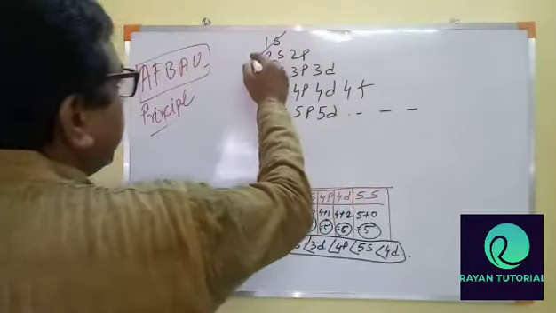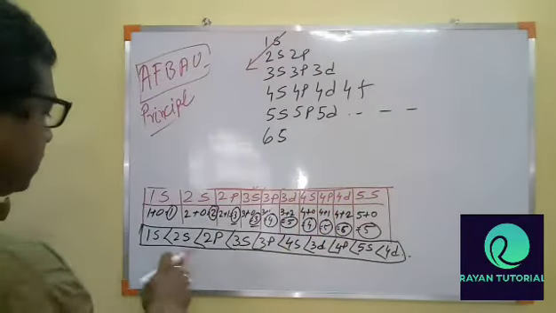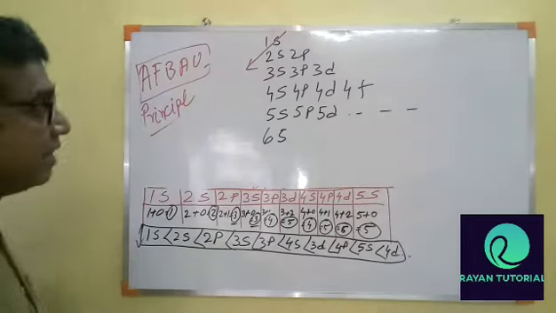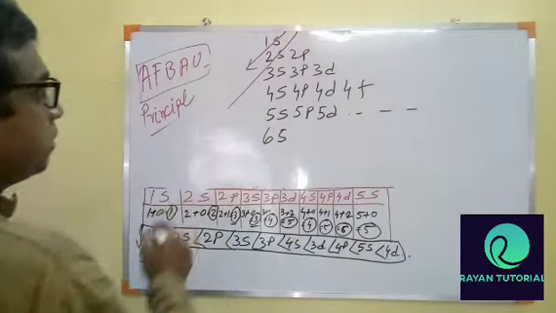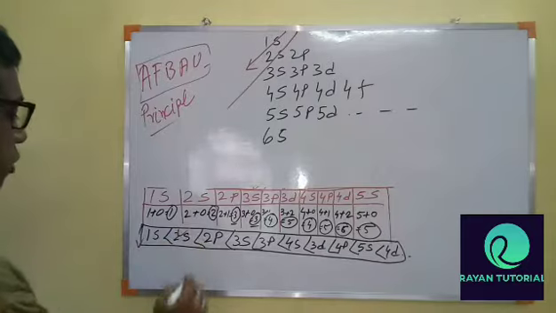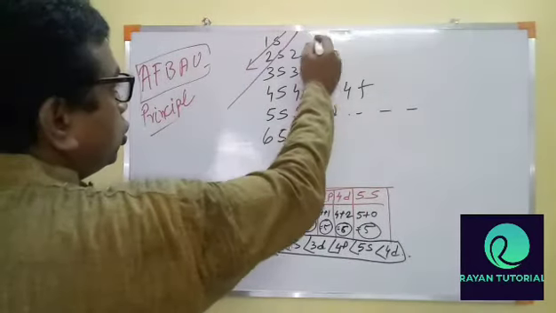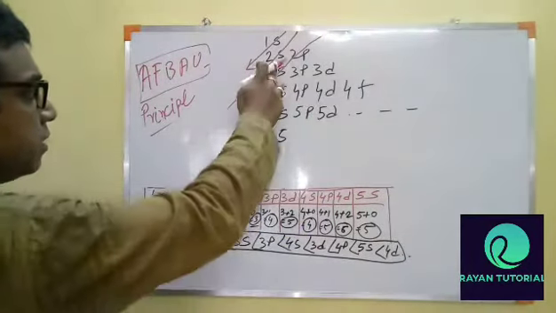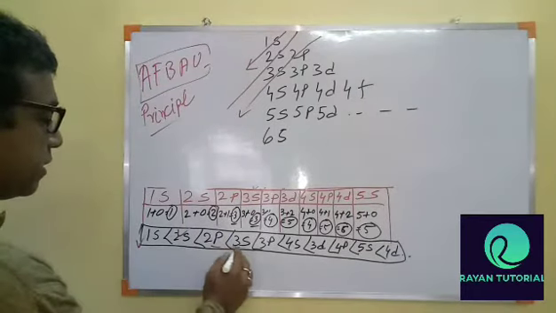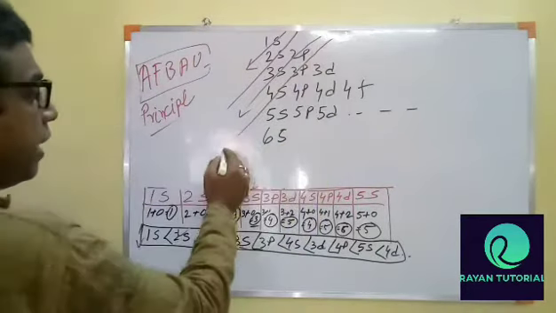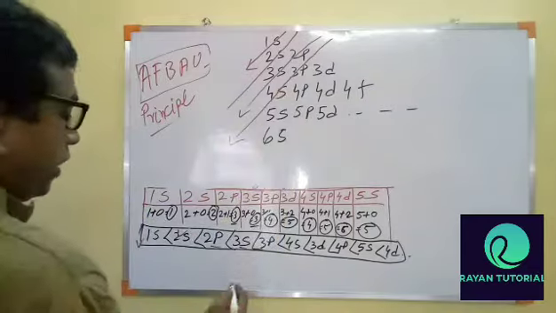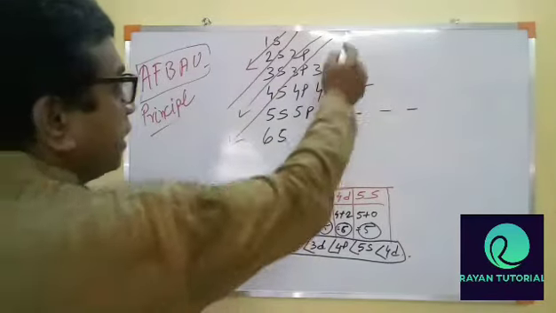So now, how will the electrons be filling? Electrons first will fill this 1s. Then electrons will fill this 2s. Then 2p. Then 3s. Then 3p, 4s.